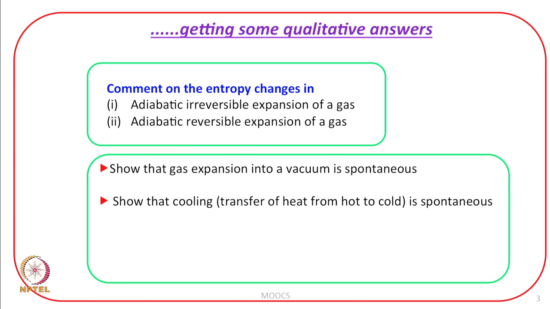The next question is to show that cooling, which is transfer of heat from hot to cold, is spontaneous. So, here also we need to show that the entropy change in the system plus entropy change in the surrounding is positive.